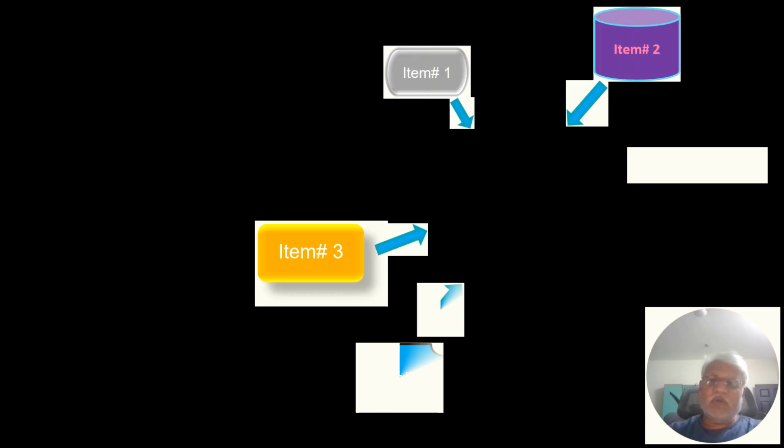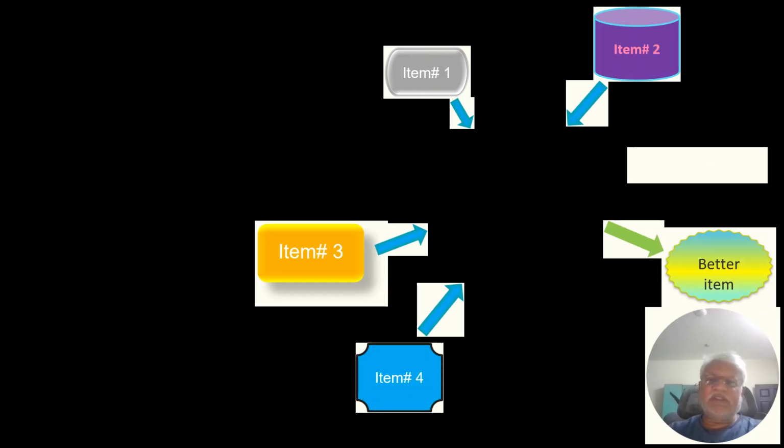Here, if you observe, there are many elements shown, item 1, item 2, like that, and the synthesis engine will combine these items in different ways and create a better system, a better item. Usually this better item which is created will have more value than any of the individual items.